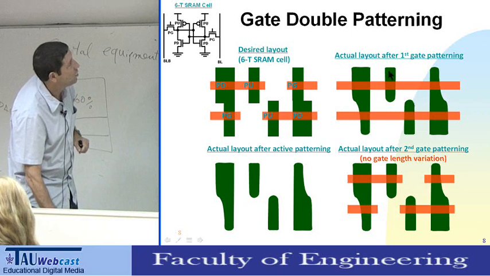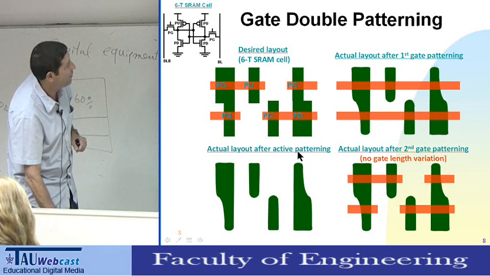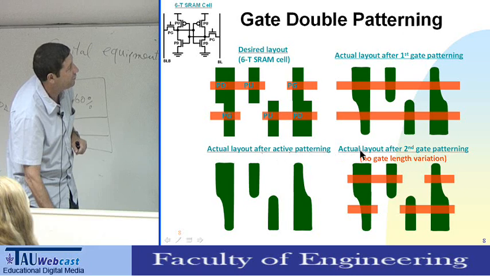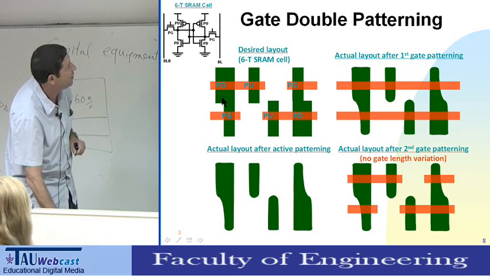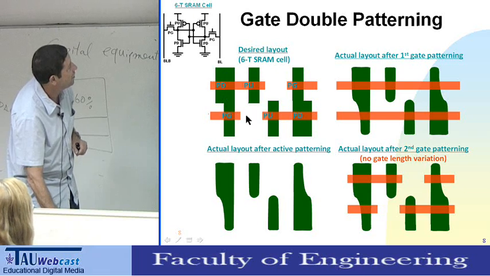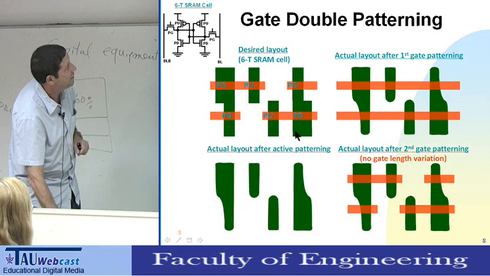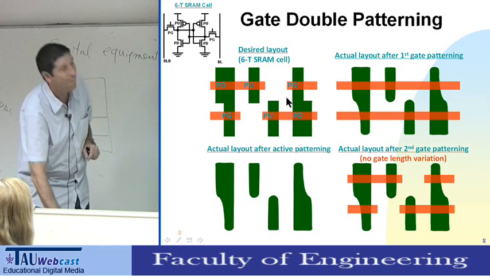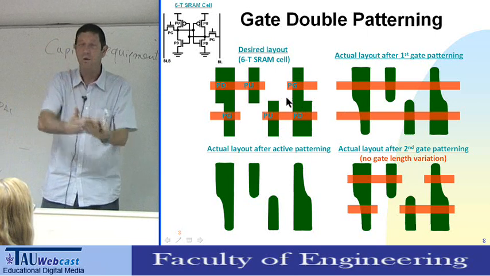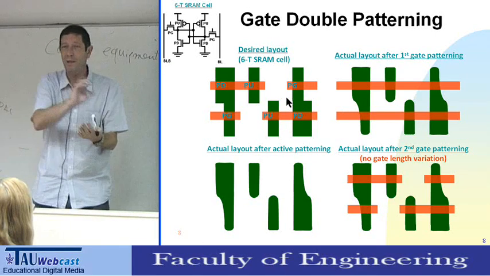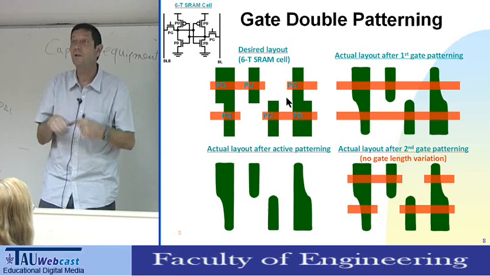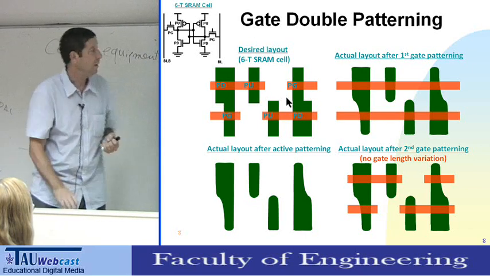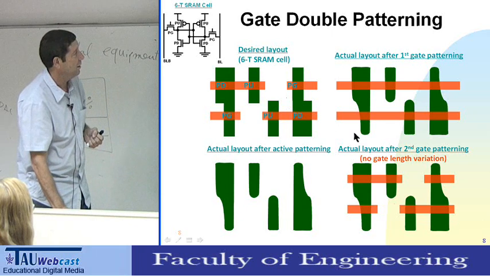And this is the actual layout after the first gate patterning, actual layout after active patterning, and actual layout after the second. So this is what you want in the end. You want the three transistors with two gates, and these are the pass gates. This is the second half. Instead of having one exposure, you can build it with two different exposures, and you can gain some interesting features.